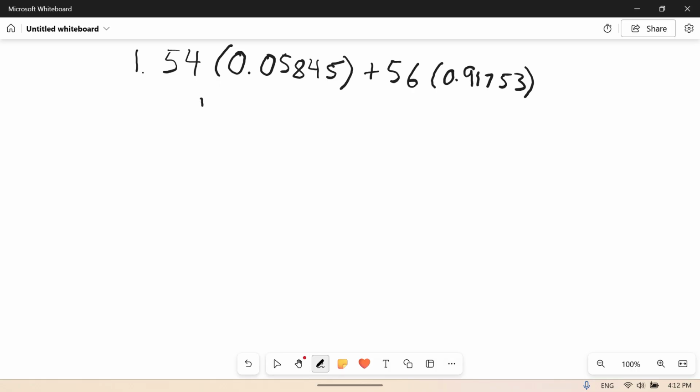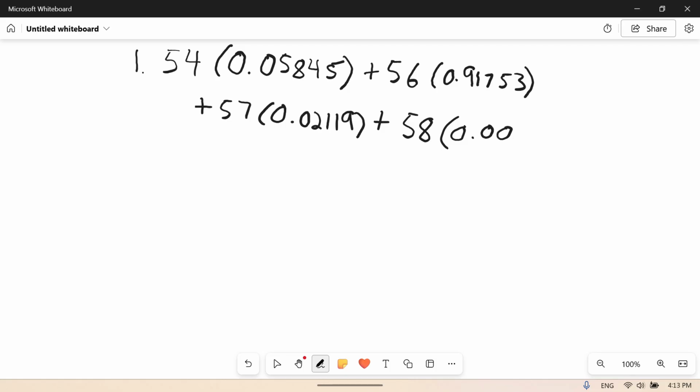And then 57, 2.119%, so 0.02119. And then 58, 0.282%. So this is going to be a very small number. Divide that by 100 still, 0.00282.